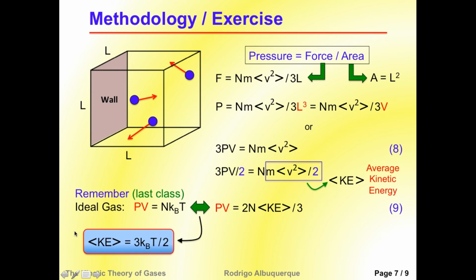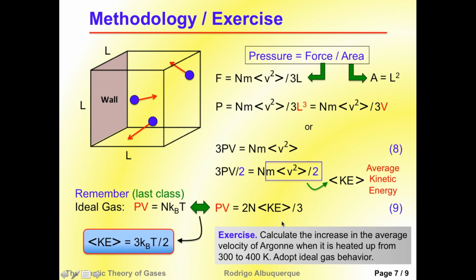So this is the expression we wanted to find, which shows how a very important macroscopic property like the temperature can be given as a function of the microscopic property, the average kinetic energy, which can be written as a function of velocities.